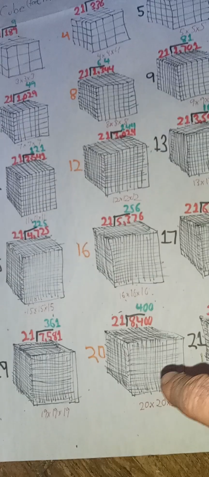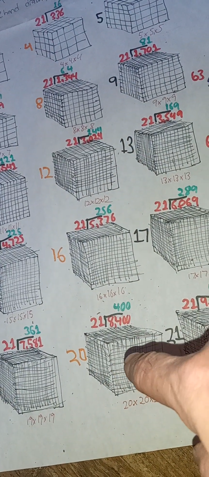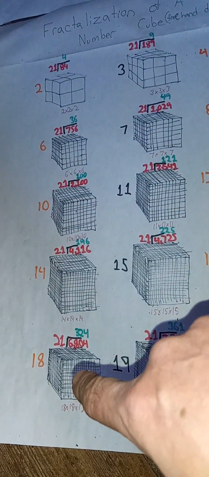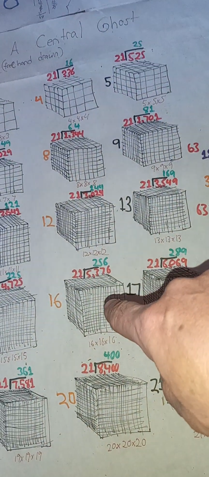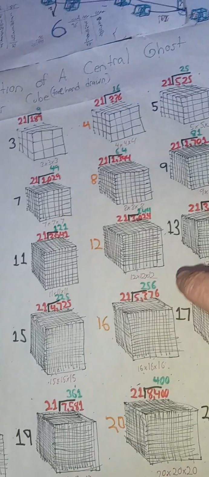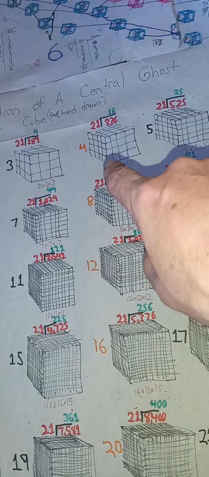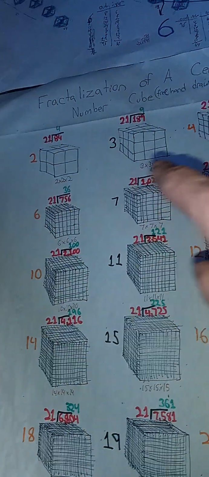But I could have started right here at 20, a 20x20x20, and you could have an 18 nested in the 20, 16 nested in the 18, 14 nested in 16, 12 nested in 14, 10 nested in 12, 8 nested in 10, 6 nested in 8, 4 nested in 6, and 2 nested in 4.